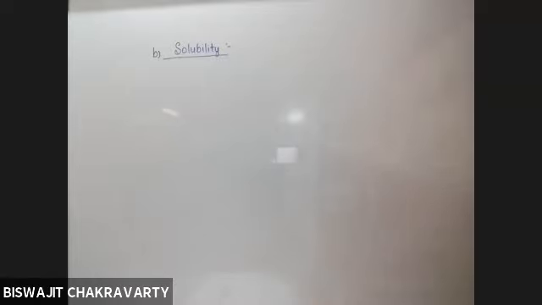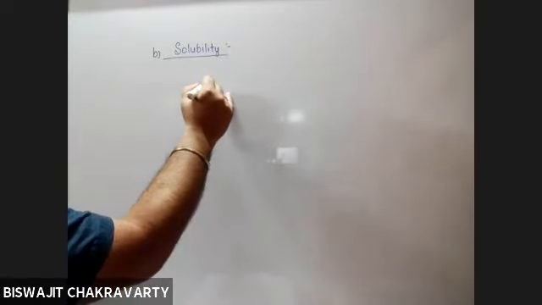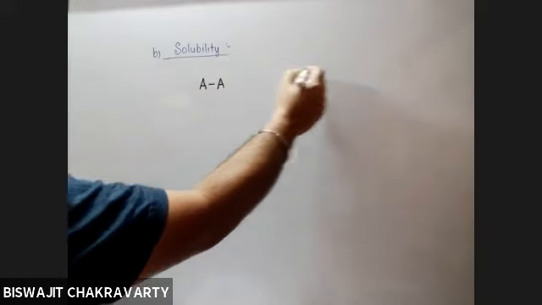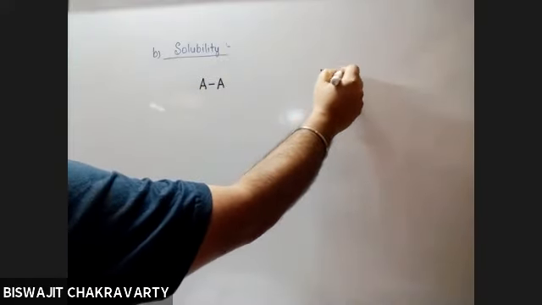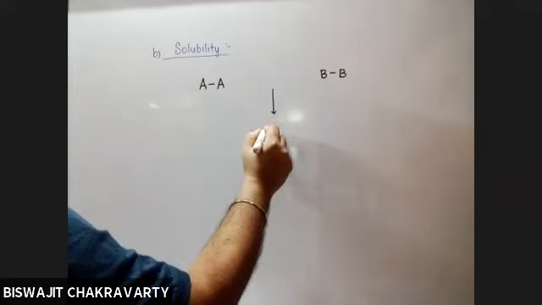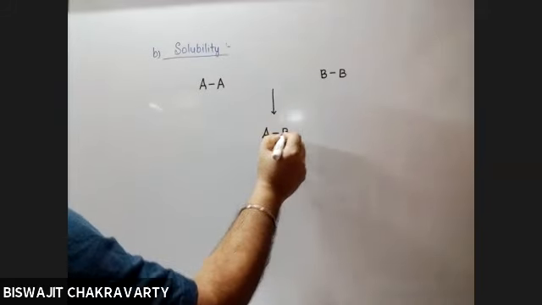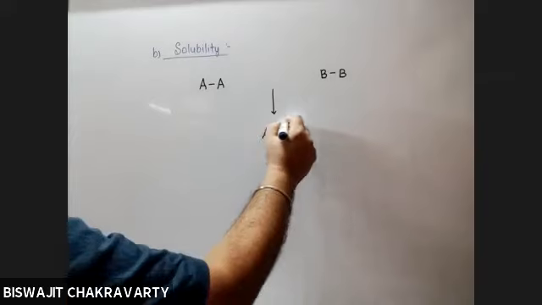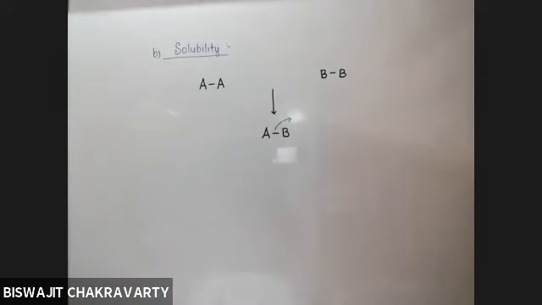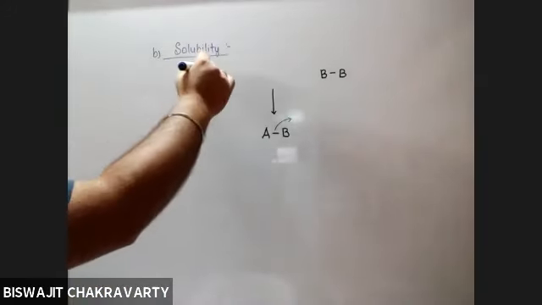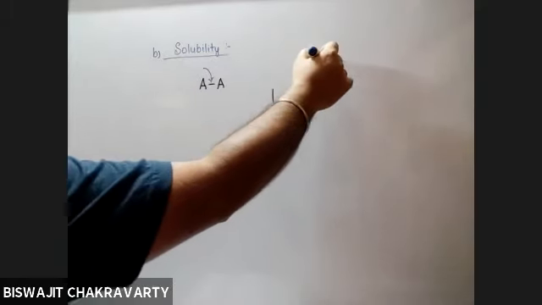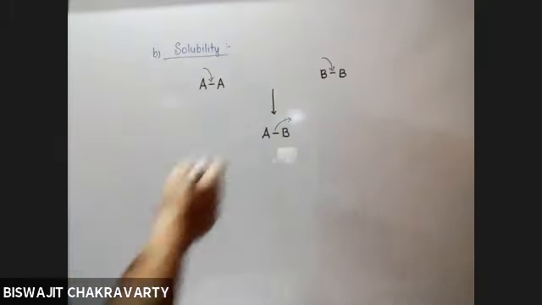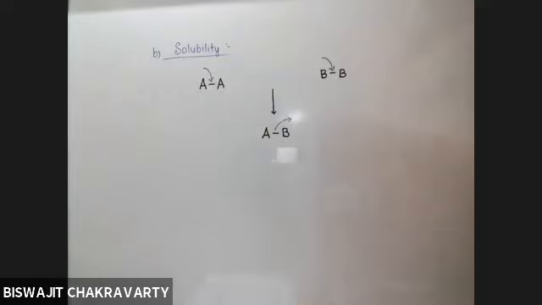What is the reason? The concept is, when you mix two liquids A and B, and you want A to be miscible with B, then the amount of energy released when A interacts with B should be higher than the amount of energy required to break A-A bond and B-B bond.